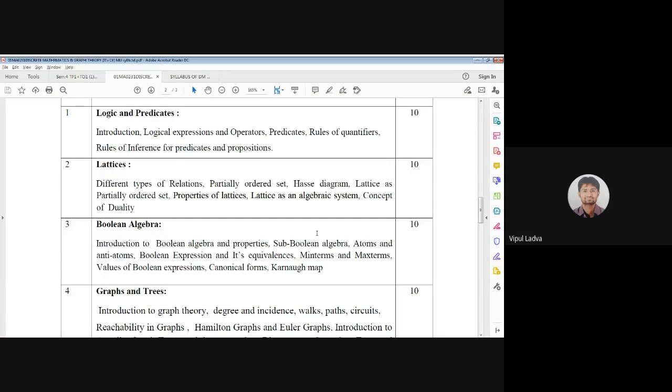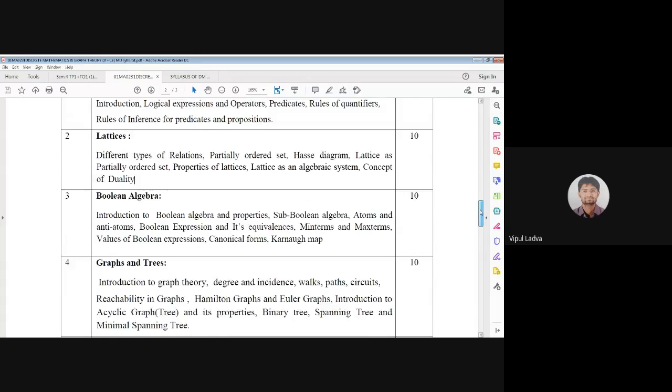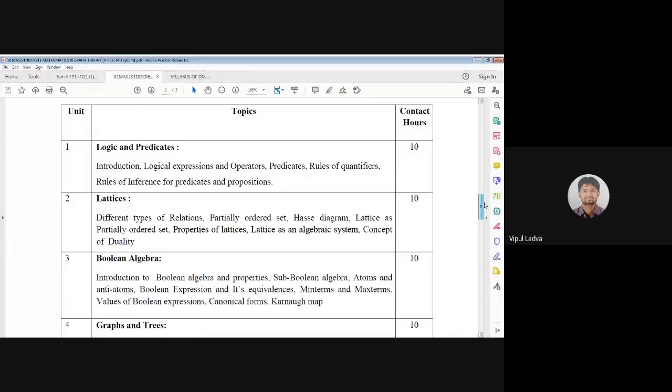Earlier the credit of this subject was 5. The credit of this particular subject, that means DMGT, will be 4. इस subject की credit 4 रहने वाली है. ठीक है. So this is what I was supposed to discuss about the syllabus and teaching scheme.